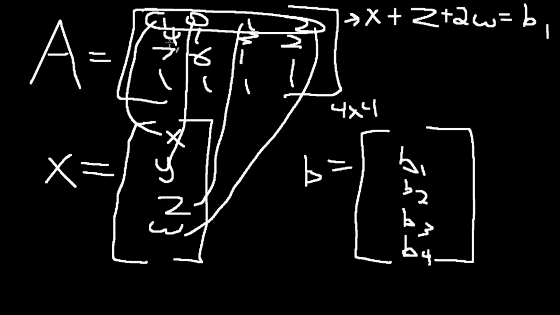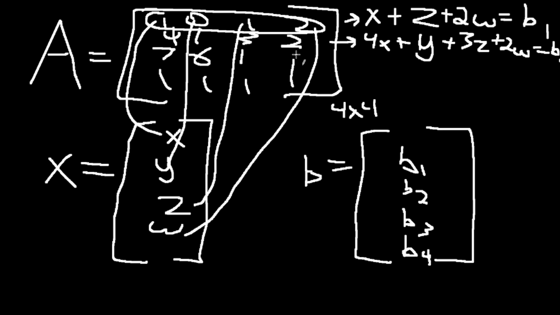If you wanted to do this next row, we got a 4, a 1, a 3, and a 2. It would look like 4x plus 1y, which is just y because it's implied that there's a 1 in front of it, plus 3z plus 2w, and that will equal b2. And so on.